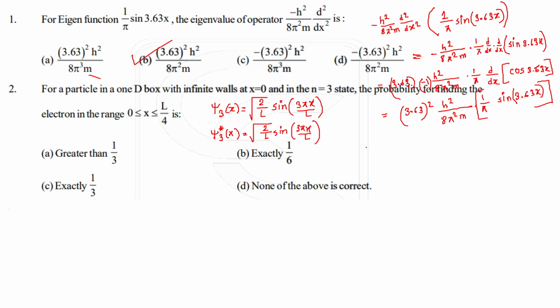So what is the probability? Probability is the finding of area. So 0 to L by 4 you have to look at psi star psi dx, 0 to L by 4. Root 2 by L into root 2 by L is going to be 2 by L, and then it is sine square 3 pi x by L.